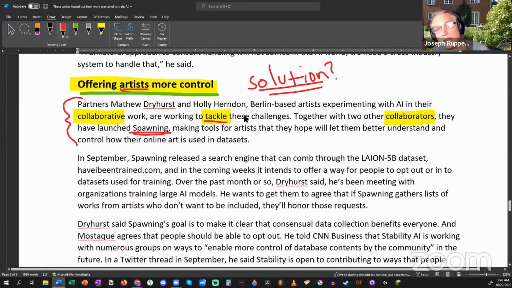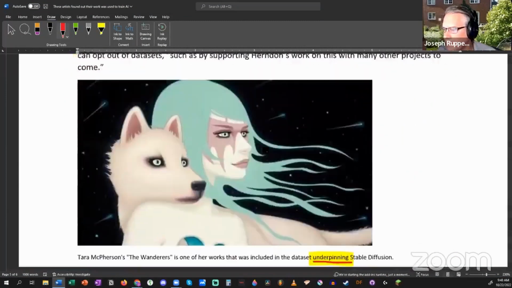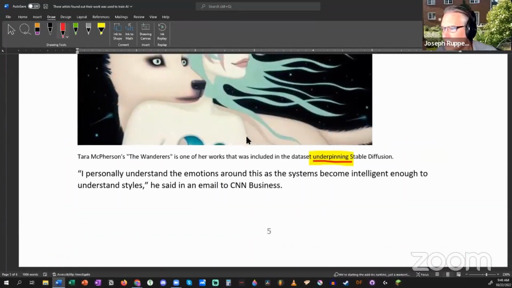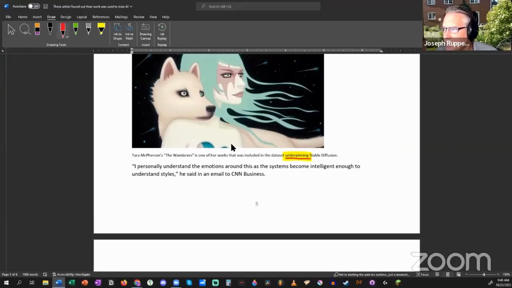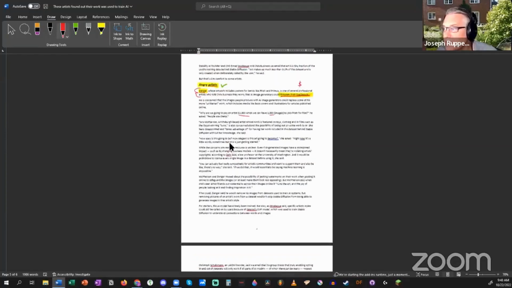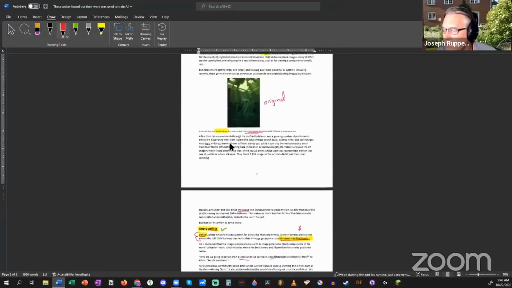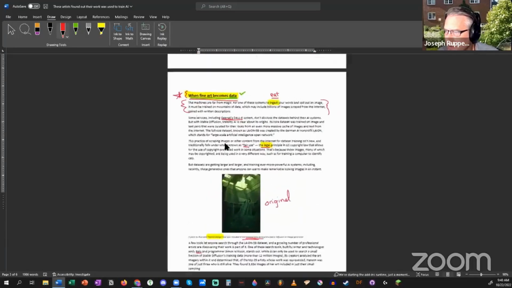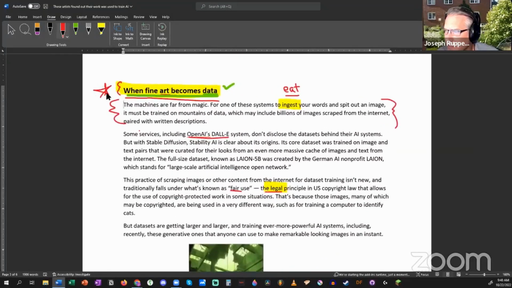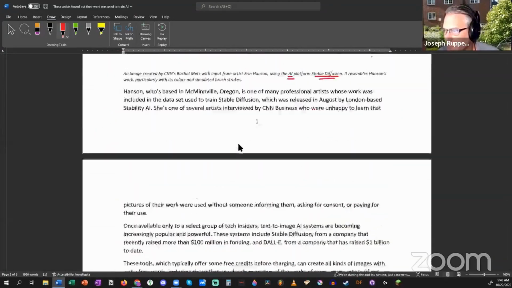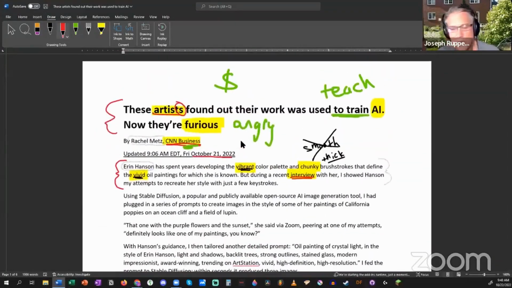To tackle these challenges is to handle these challenges. All right, great. Okay, so that's all I want to deal with in this article. As I assumed, it doesn't go very deeply into the technology, but as I said, I'm interested in this section, especially if it's going to be dealing with law and something legal. Then I would come back to it and focus on that. All right, so that's good there.